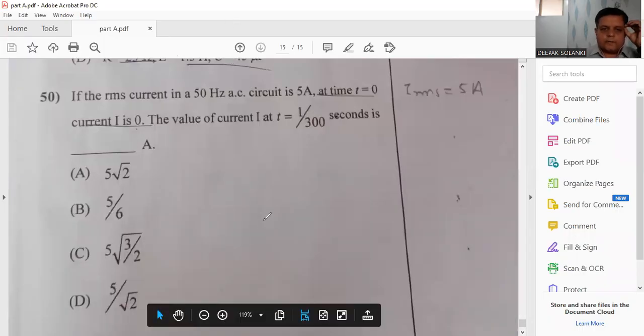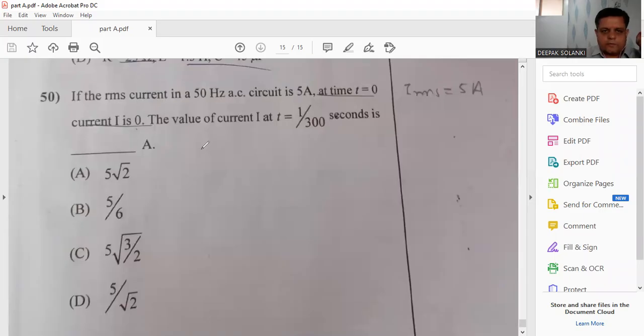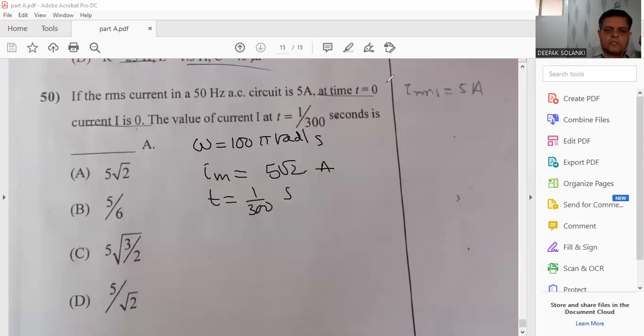You are given RMS current at 50 hertz, so your omega is 100 pi radian per second. The maximum value will be I naught or I_m, whichever you want to consider. How much will it be? 5√2 ampere. t is given as 1/300 second. It is told that at t equal to 0, current is 0. So AC current can be represented as a sine function.